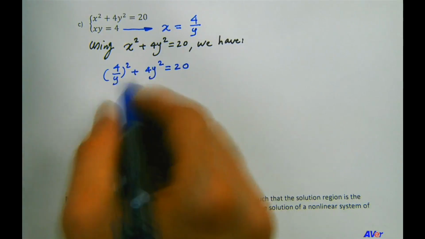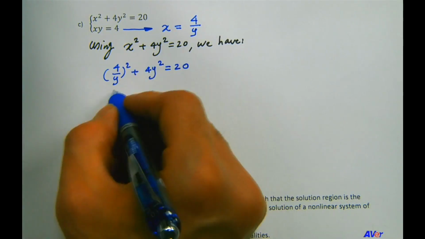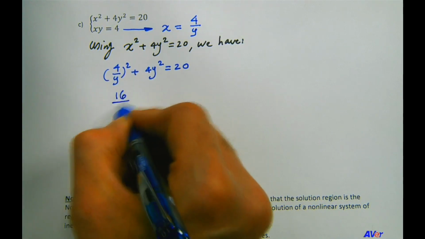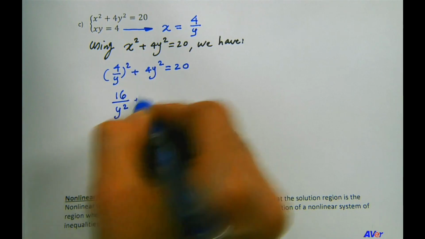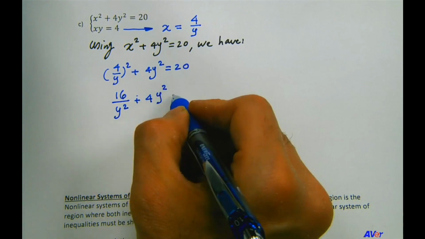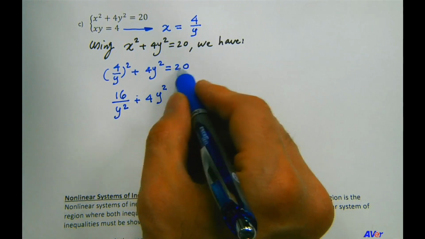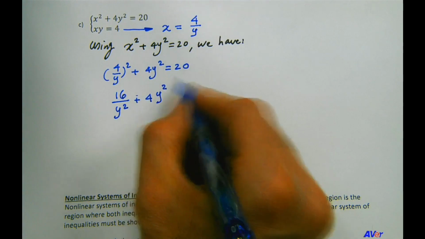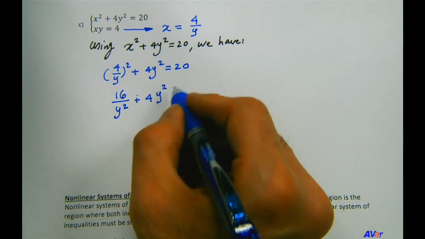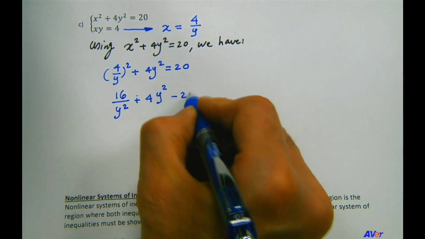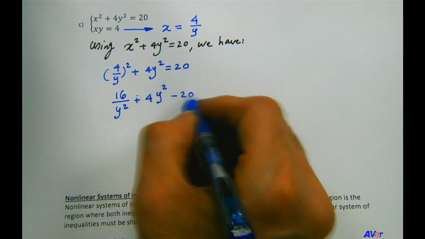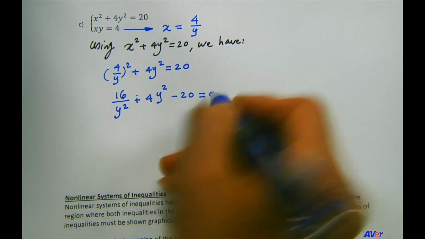We have the square of this: 16 over y squared plus 4y squared, and let's move the negative 20 to the left and set it equal to 0, because this is beginning to look like a quadratic equation. So minus 20, right? Bring this to the left. It becomes minus because it was positive on the right, equals 0.